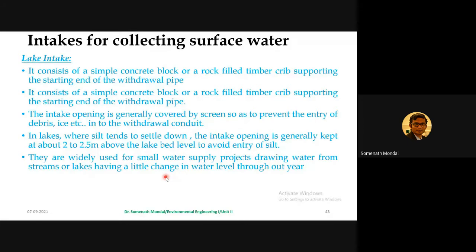If you have not studied that part well, and if you have not analyzed that water well, then if you make it at the same level as the river bed, because of this aggressive siltation, turbid water will go into the withdrawal pipe, and then you need more treatment efforts just to get rid of those fine silty particles. That is why these intakes are always constructed a bit higher than the riverbed, around 2 to 2.5 meters.